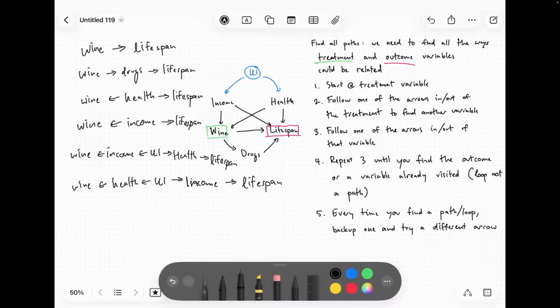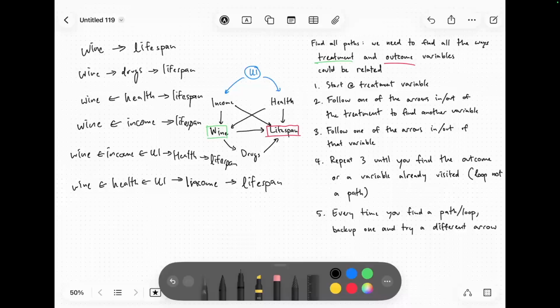Otherwise, one of those paths could be explaining this effect, right? So I drink some amount of wine and that affects my lifespan, and I say, oh, based on the amount of wine that I drank, I can see that it affects lifespan in this way.